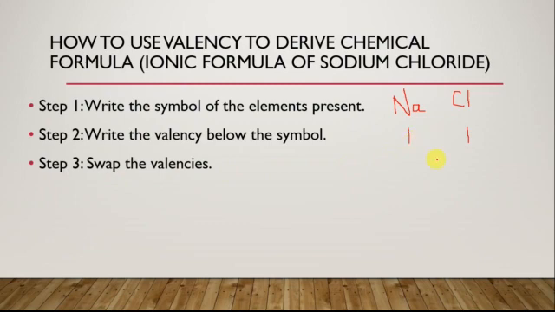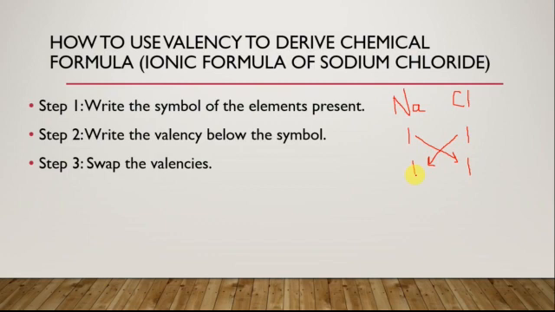The meaning of the word swap, also called crossing the valencies, is that whatever valency is for sodium, we will write it for chlorine. So here the valency of sodium is 1. So we write 1 for chlorine. Whatever valency is for chlorine, we write it for sodium. So again for chlorine it is 1.